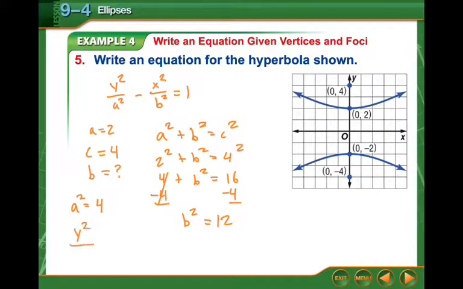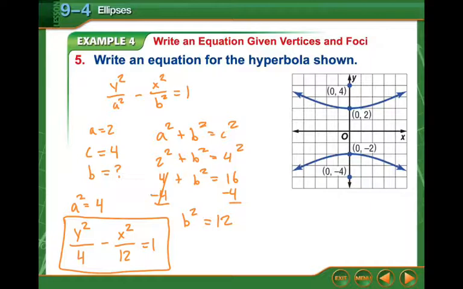So y squared over a squared is 4 minus x squared over b squared, which is 12, equal to 1. Now, the big difference here between ellipses as well, aside from it being subtraction, and the orientation part stays the same, right? Y squared is first because it's the direction it's going.